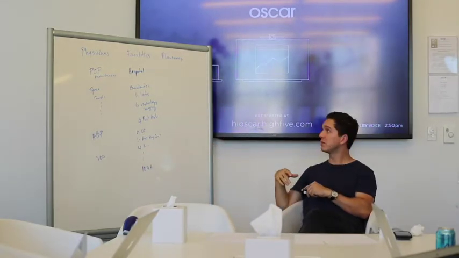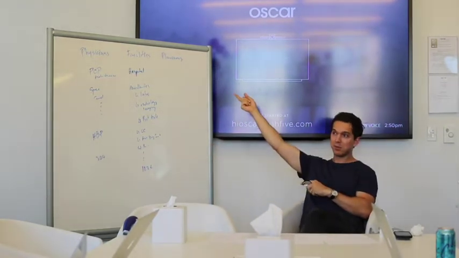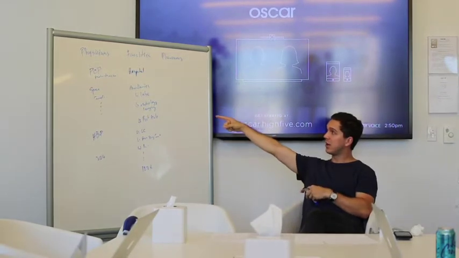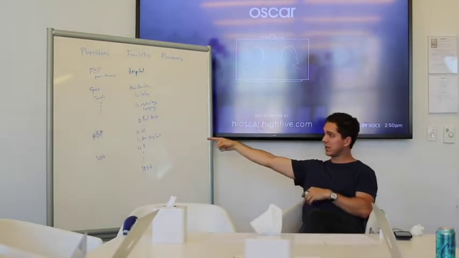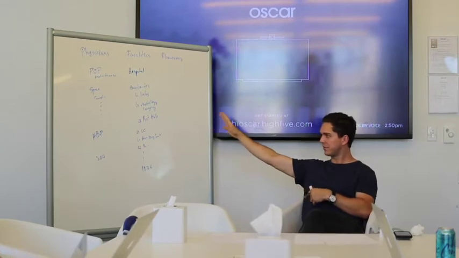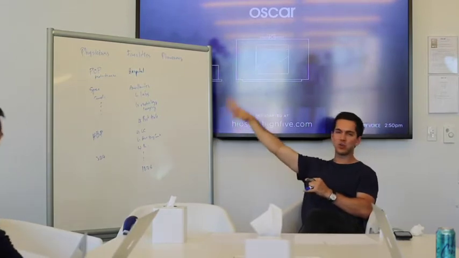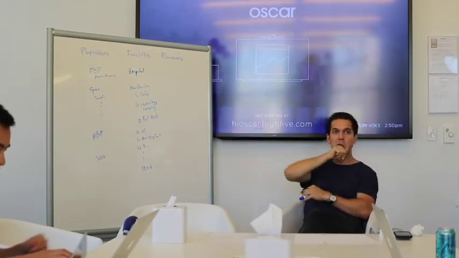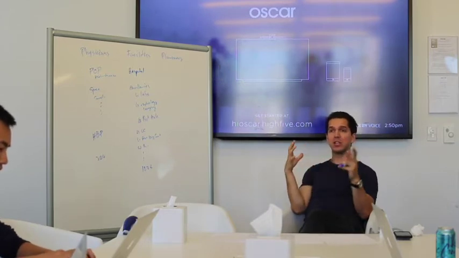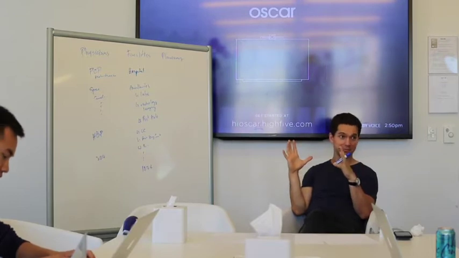So Mount Sinai brings with it a hospital, but it also has radiology centers. It also has some urgent care centers, and it has a whole bunch of physicians, right? Those are all literally owned and employed by Mount Sinai. So Mount Sinai is a system.